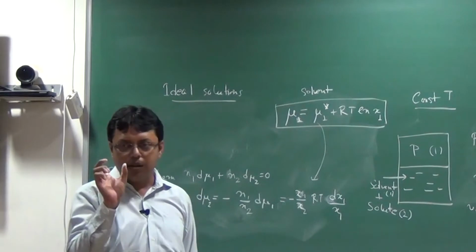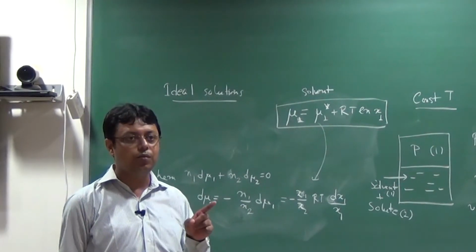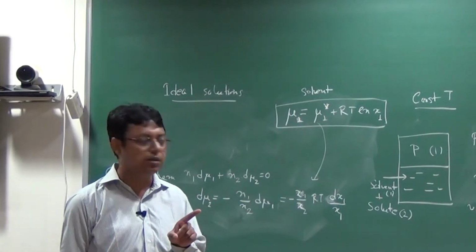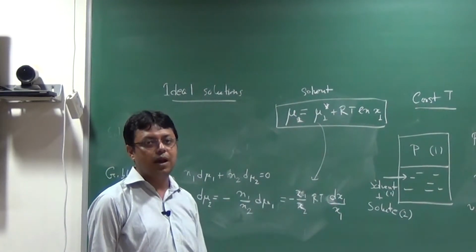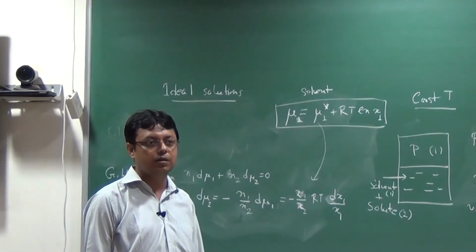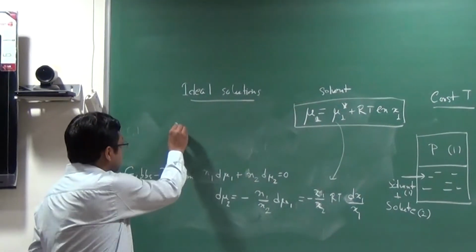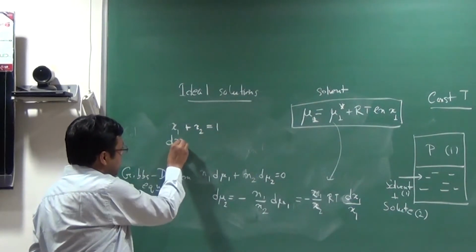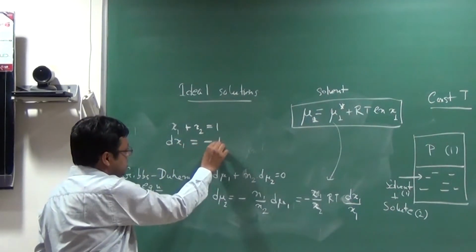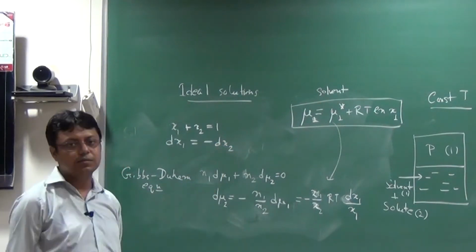Still I have a small little thing. What I want is a mu to x2 kind of relation, but I have x1 here. But 1 and 2 is easy because I know x1 plus x2 is equal to 1. So if x1 plus x2 is equal to 1, dx1 is nothing but minus dx2. Clear?